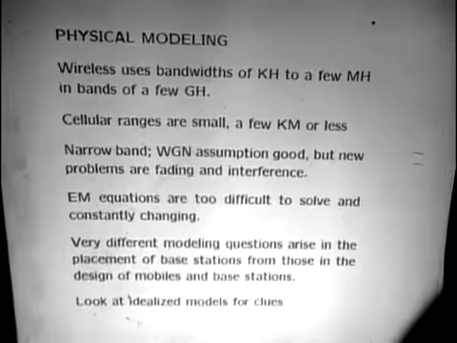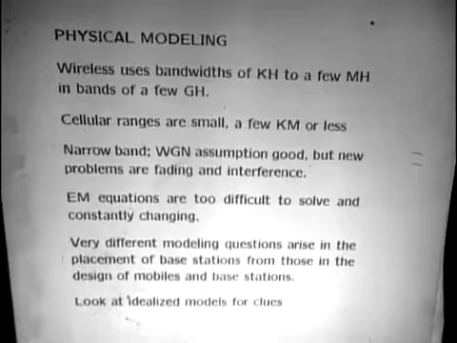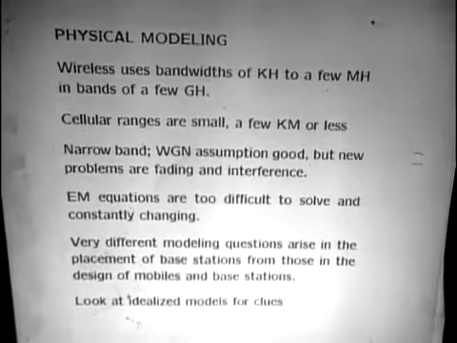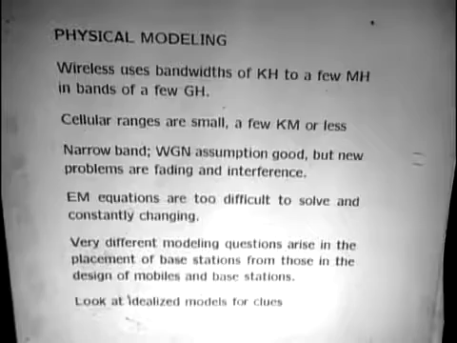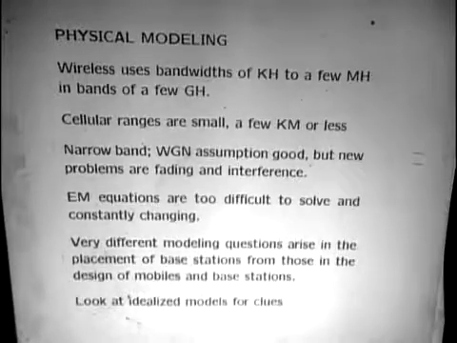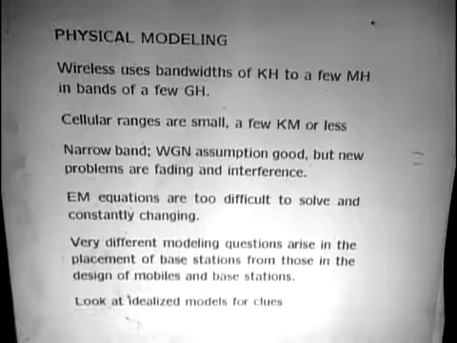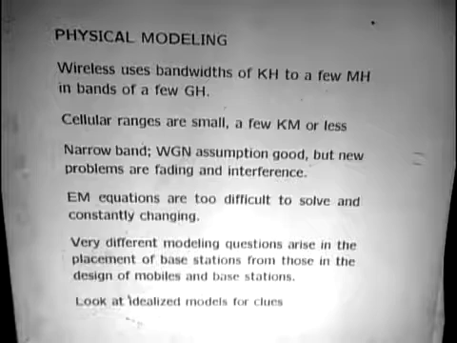In trying to come to grips with these questions, the first thing we're going to do is to look at very, very idealized models of what goes on in communication. We're going to look at a point source radiating outwards, hitting a barrier, and coming back.